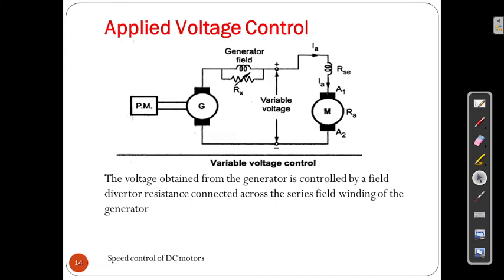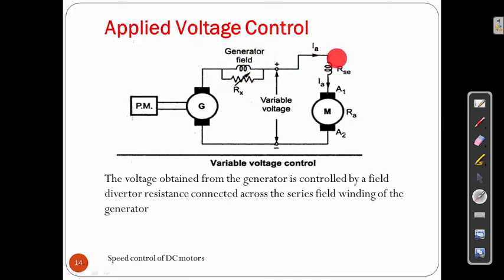Then the applied voltage control. In applied voltage control, a permanent magnet is connected with the generator. This generator has a generator field, which has the winding as well as the variable resistance Rs.